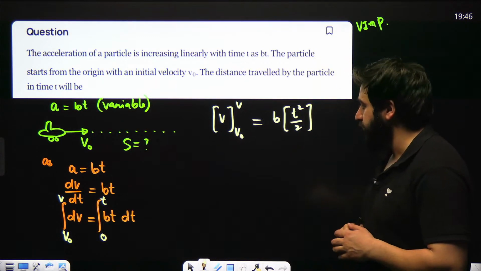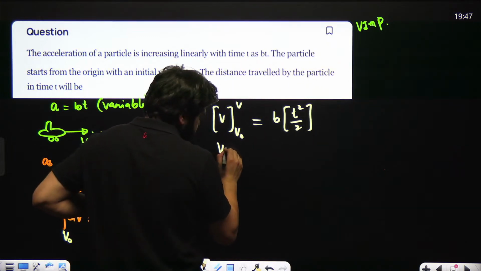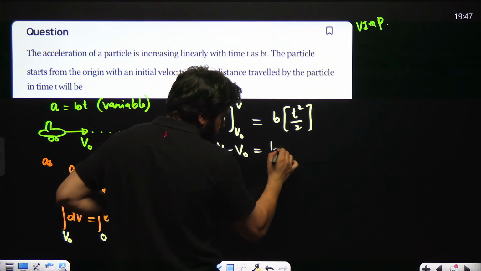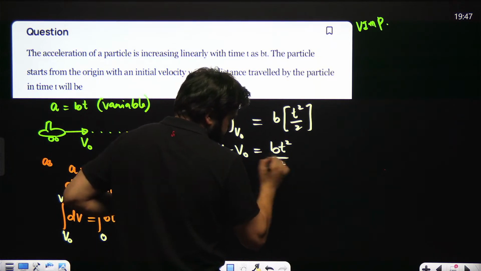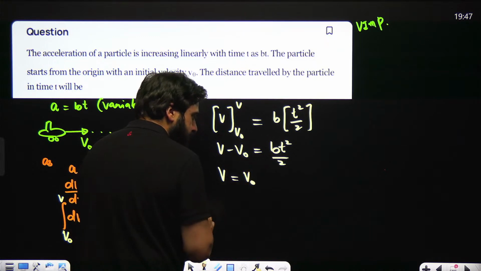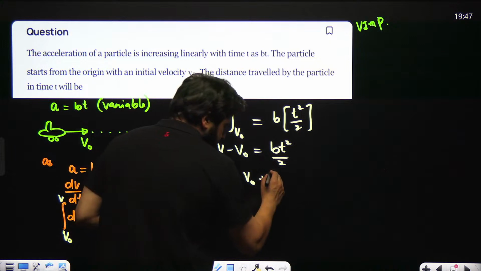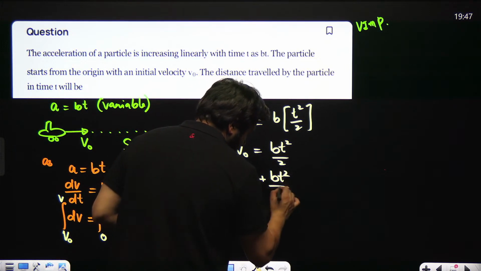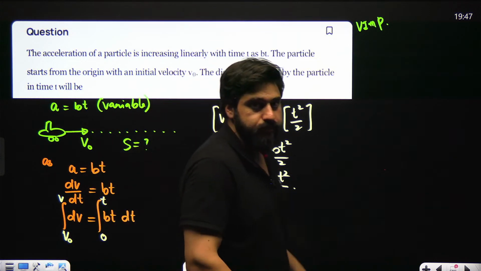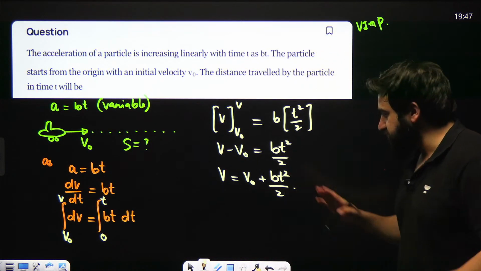So v minus v naught is equal to bt square divided by 2. Now take it over there: v is equal to v naught plus bt square divided by 2. This is the velocity.